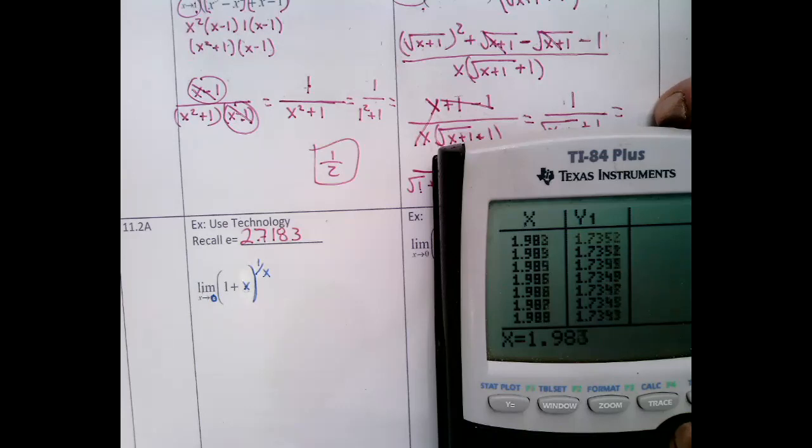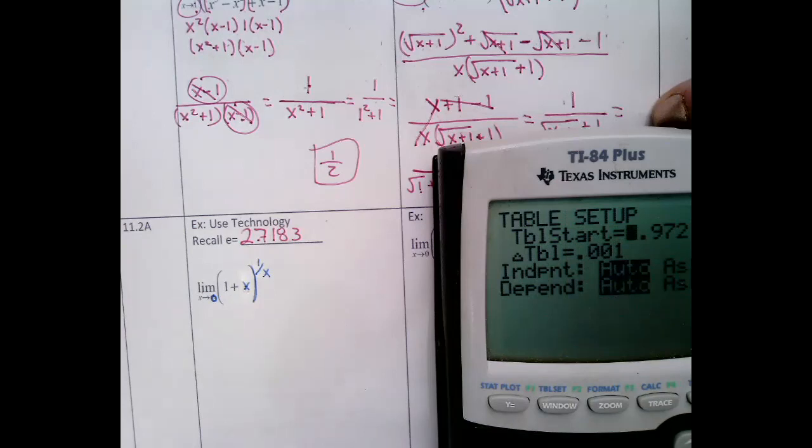Almost there. Okay, I'm just going to do it this way. So let's go with negative 0.008.